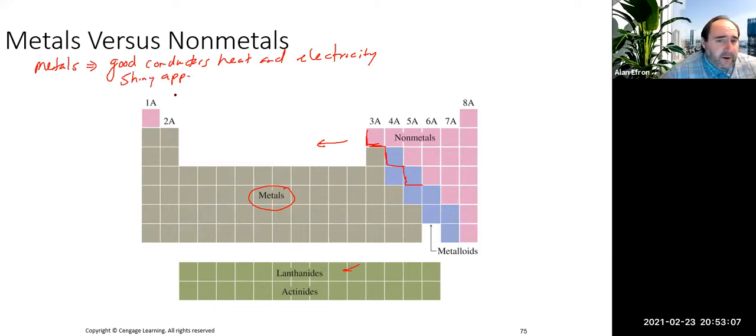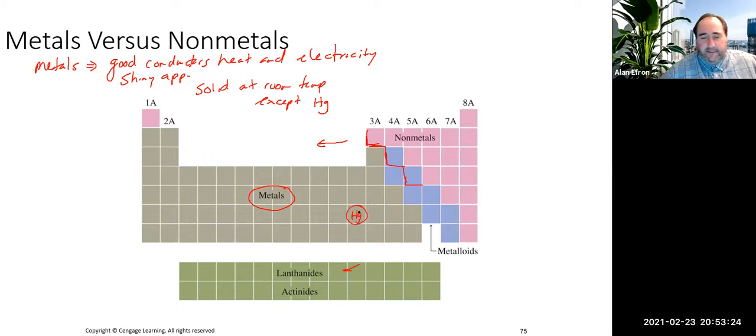For the most part, all metals are solid at room temperature, except for our good friend mercury, which is a liquid. So mercury is somewhere in this ballpark, right about there. And a lot of times on periodic tables, it's maybe a different color or something like that. Now, nonmetals, on the other hand, are pretty much like the opposite.